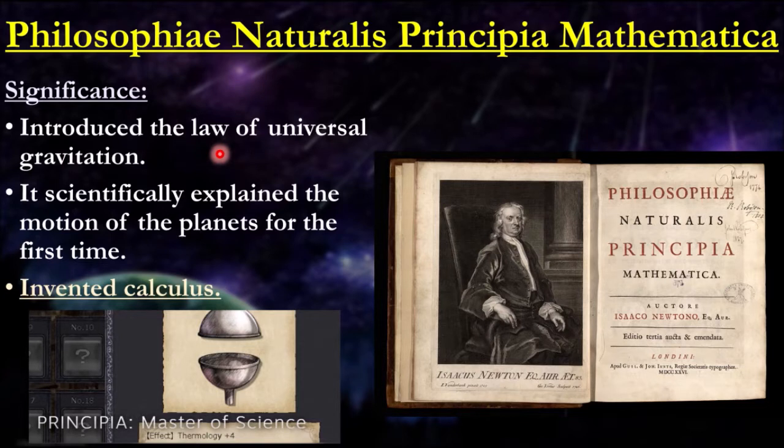I think he was in his mid-20s when he wrote it, and it introduced the universal law of gravitation, as in all objects with mass will exert a gravitational force onto each other. It also explained the motion of the planets, why different planets orbit around the sun, and why moons orbit planets.